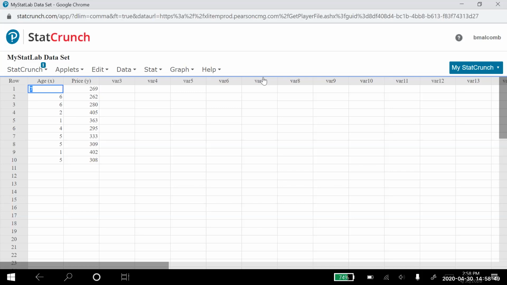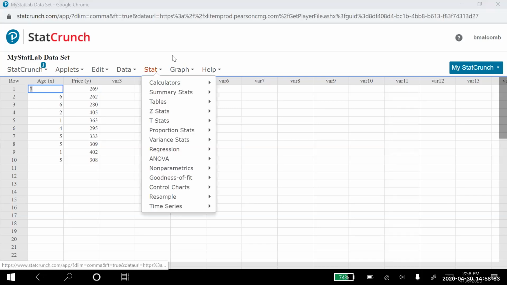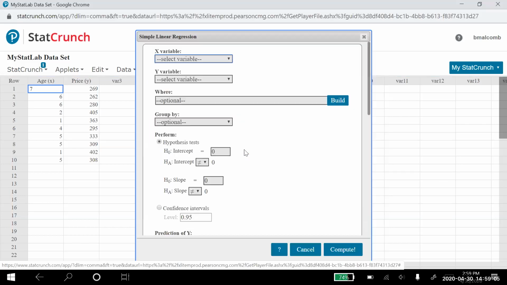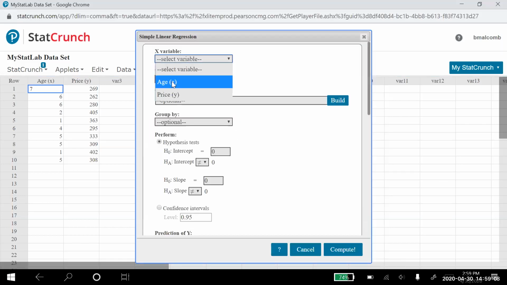So what I'm going to do this time, I want to calculate that value of R. So I go into stat. This time I go down to regression, simple linear. This is just what we did before when we found the regression equation. Click there. Again, I tell it the x variable is age, the y variable is price.